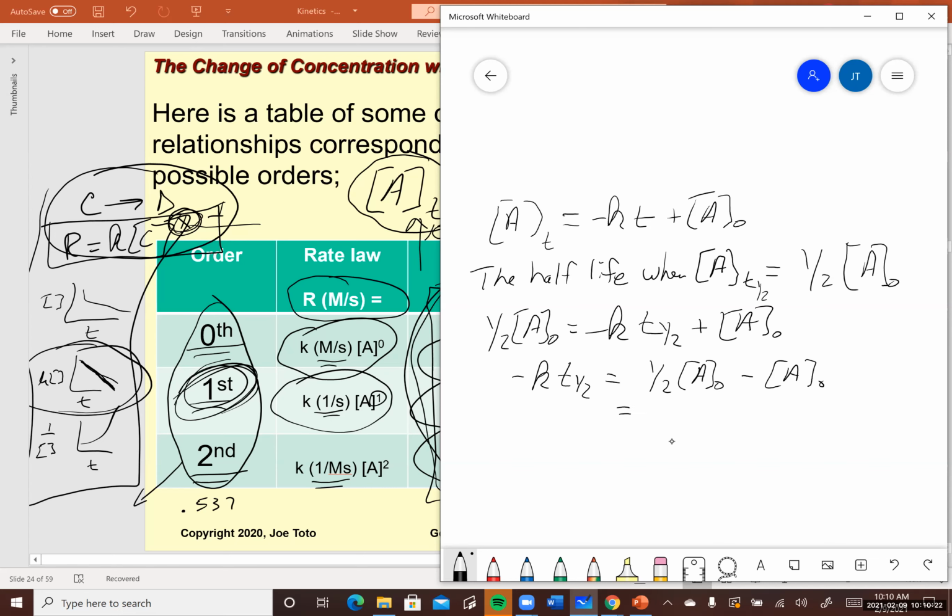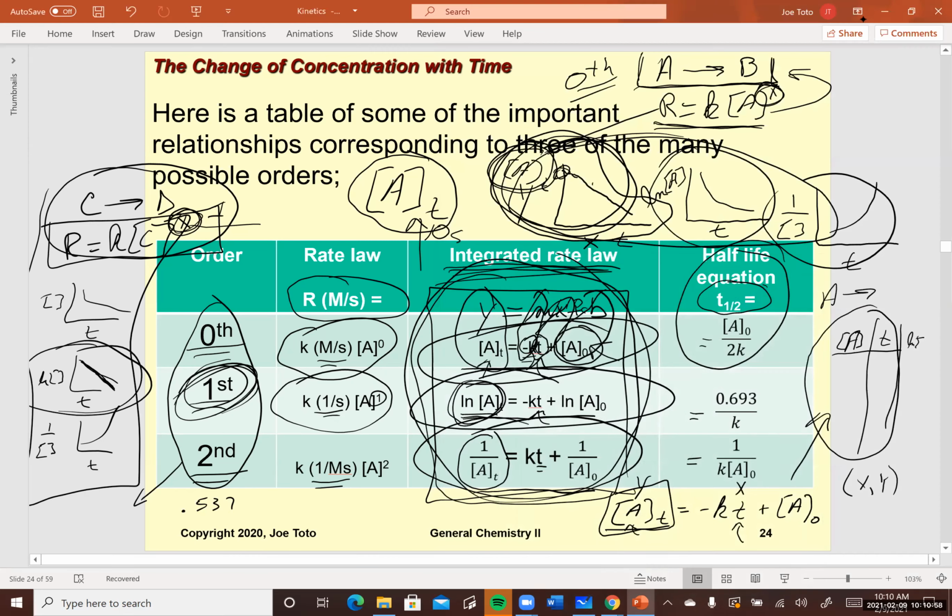And so this is going to equal a negative half of A0. And this is still the same over here. So T 1/2 equals A0 over 2K, right? Does everyone see that? And that's what we find here.